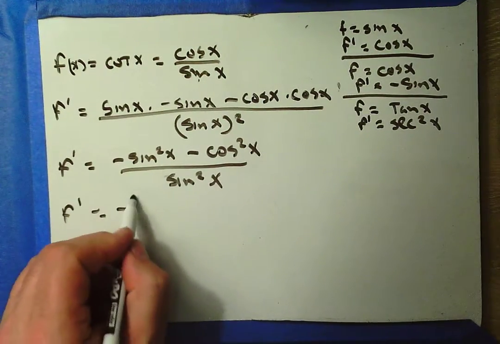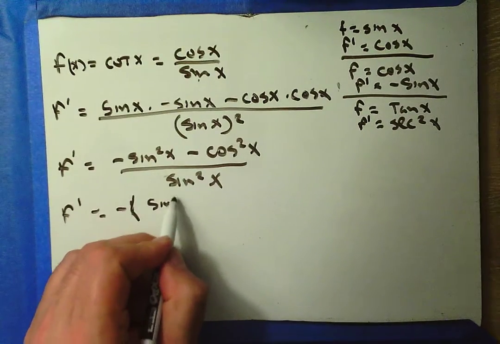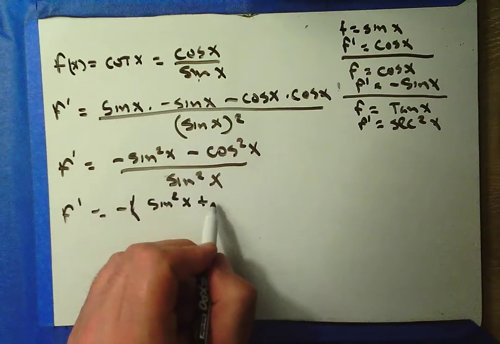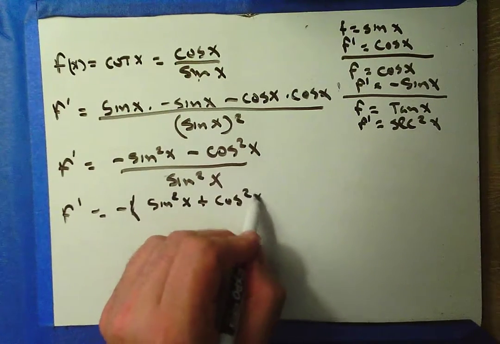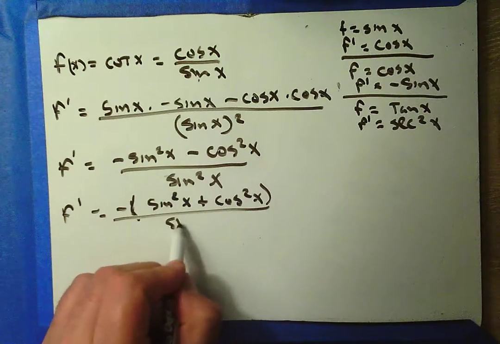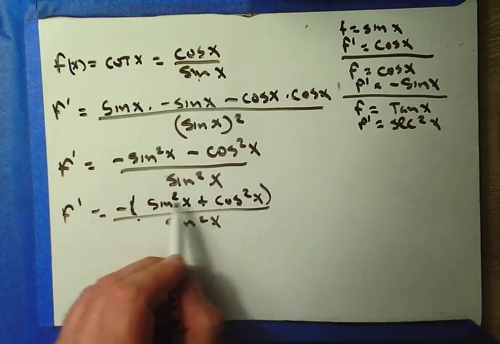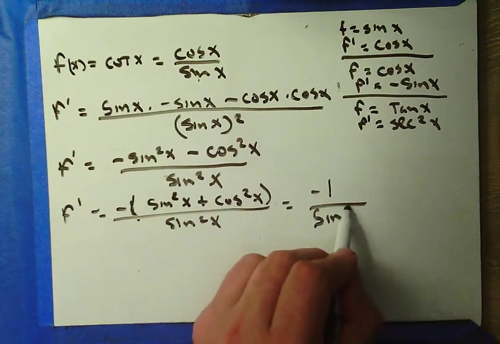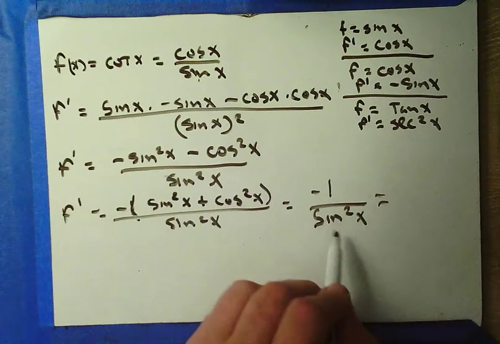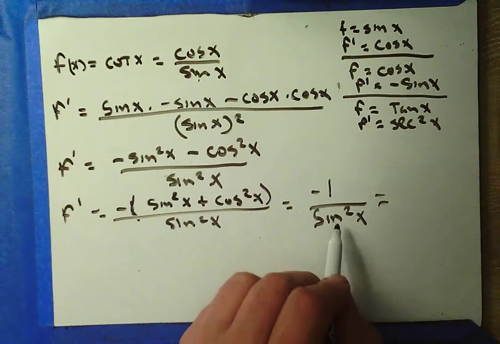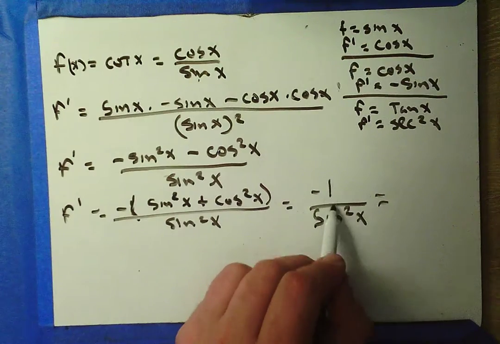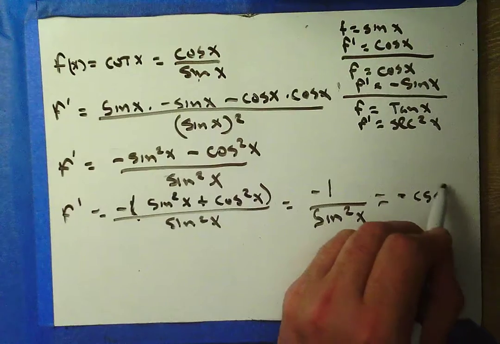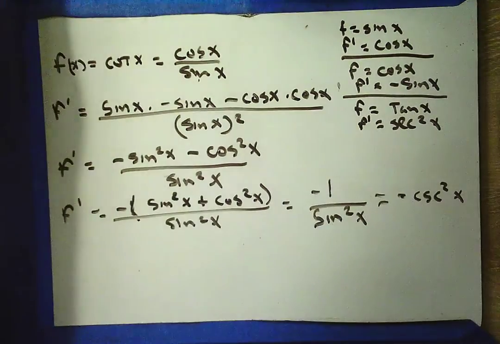So I've got my negative out here in front, and I've now got sine squared x plus, because negative divided by negative is positive, cosine squared x over sine squared x. Sine squared plus cosine squared is 1, so I have negative 1 over sine squared x. And we know that 1 over sine squared is cosecant squared. So negative cosecant squared x is our derivative here.